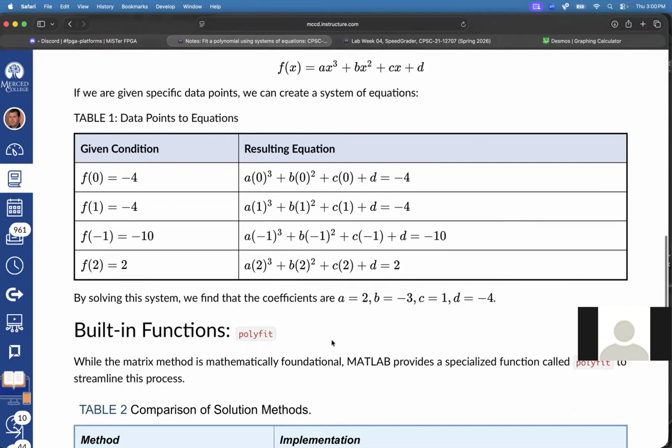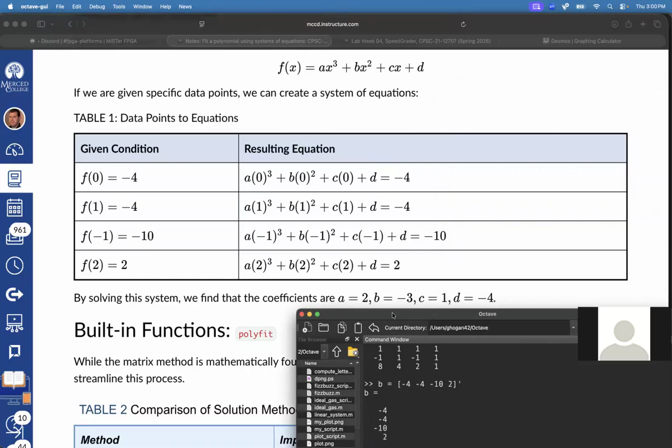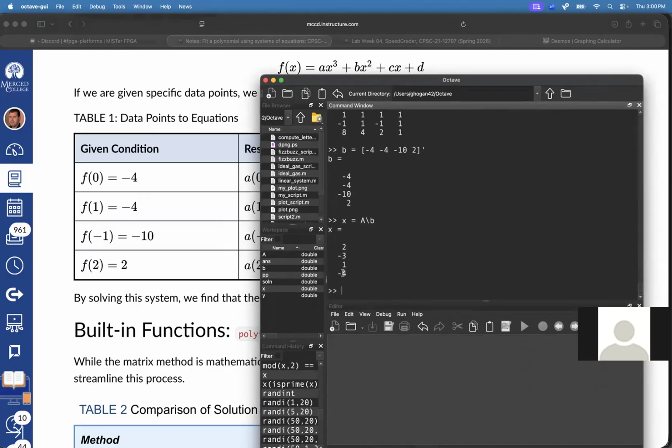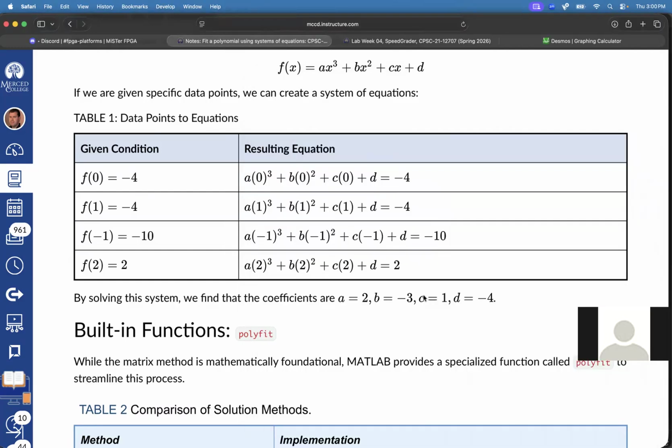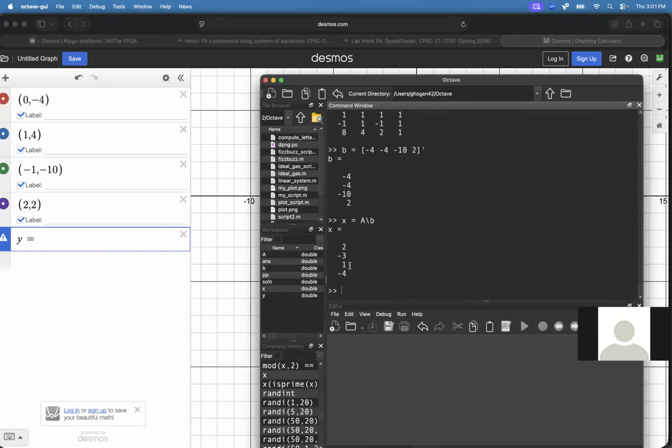Okay, so let's double check. We have 2, negative 3, 1, negative 4. So we have that right. Now, just to double check that, let's go back over to Desmos here, and I can type in y equals, and our coefficients are 2, negative 3, 1, negative 4.